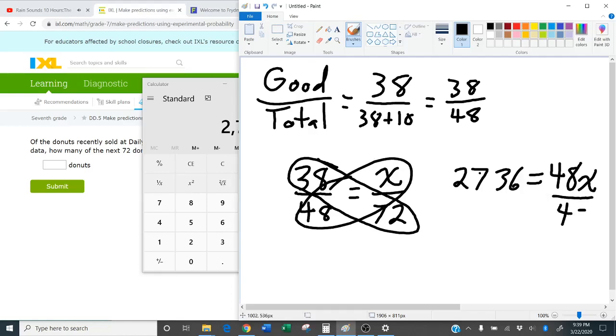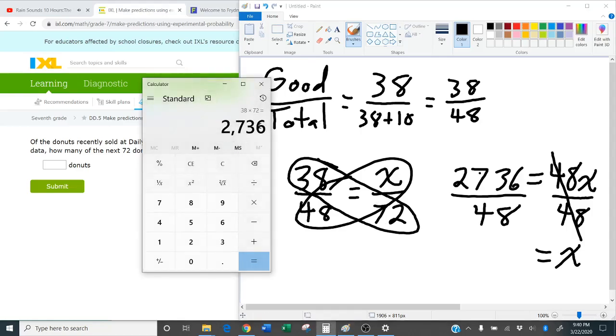Divide both sides by 48. So the reasoning behind using the proportion is that we expect the ratio to stay the same whether the donuts were sold yesterday or today. So if 38 out of 48 donuts had sprinkles, then how many donuts out of 72 would have sprinkles? So we'll just take this number now and divide it by 48, and we'll get 57.